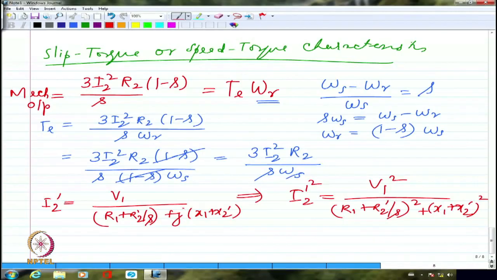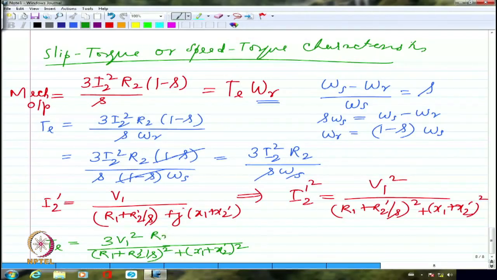Just substitute that in the torque expression. So I get TE equal to 3 V1 square divided by (R1 plus R2 dash by S) the whole square plus (X1 plus X2 dash) the whole square, and then I have R2 dash divided by S omega S.